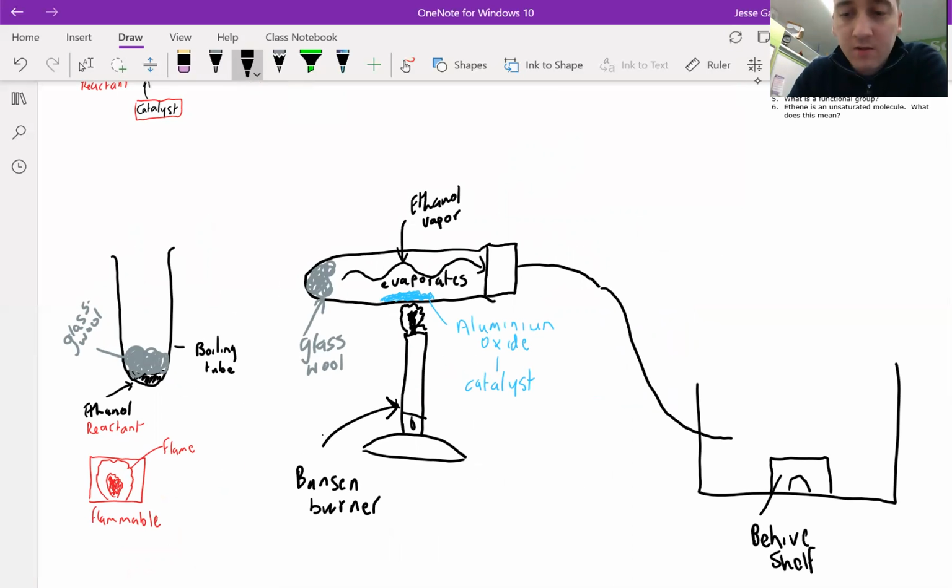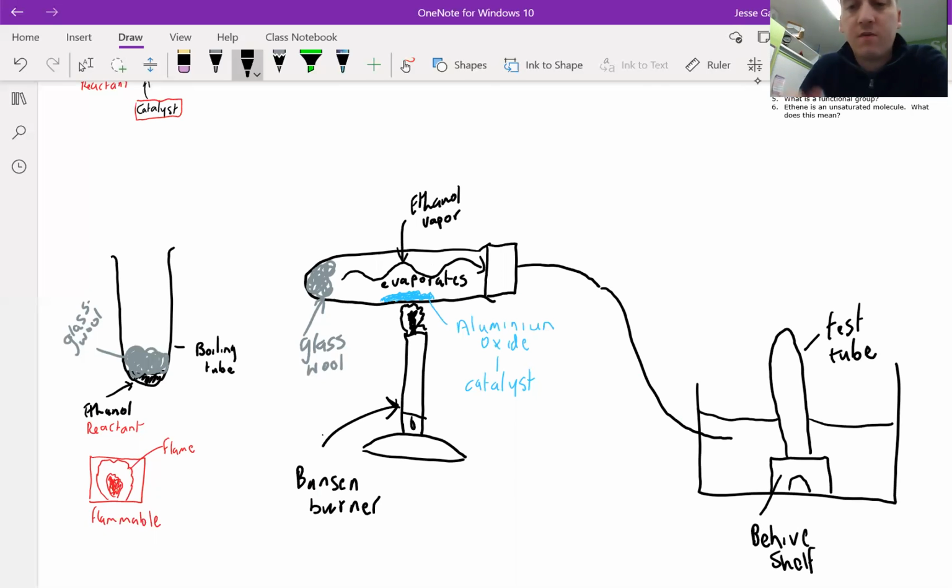This shelf allows us to put a test tube on top, or a boiling tube, whatever we want to use to collect, full of water. So this is a test tube full of water. Now, why is the test tube full of water?